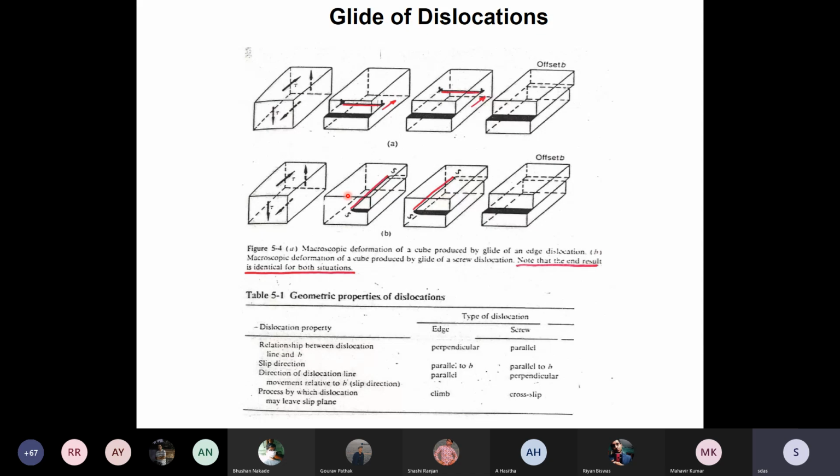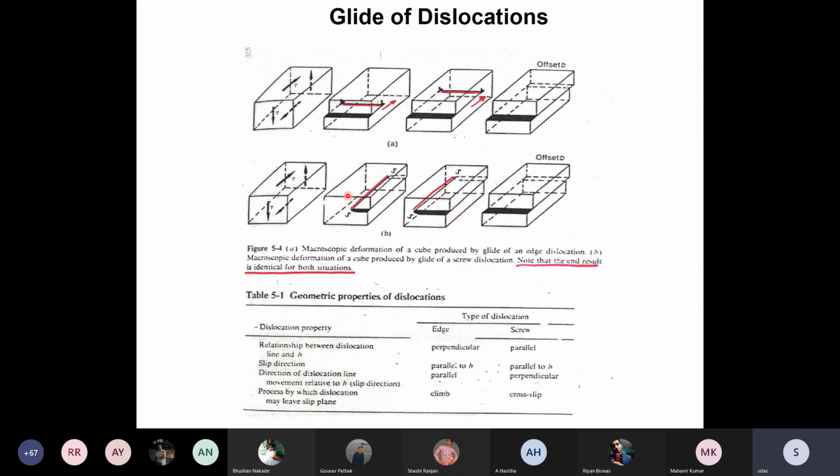Did your paper clip snap? No, sir, because of the plastic coating. If you have a metallic piece and twist it, it will snap after several twisting events. Every time you twist it, it generates more and more dislocations. A screw dislocation moves from one slip plane to another intersecting slip plane, because for a screw dislocation the Burgers vector is parallel to the dislocation line.